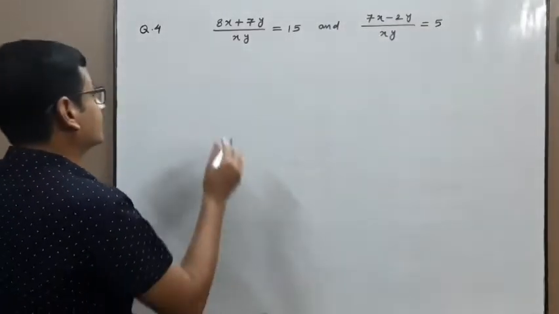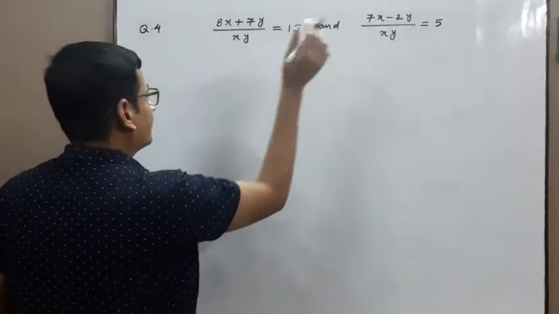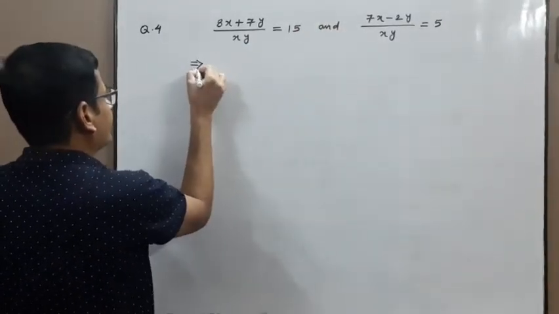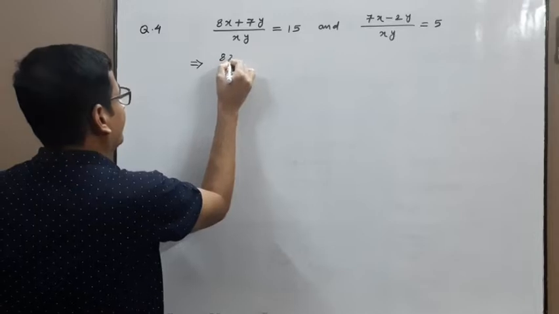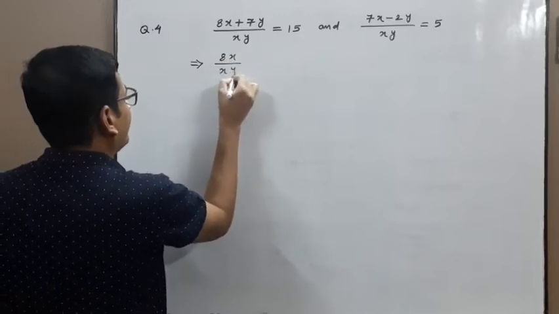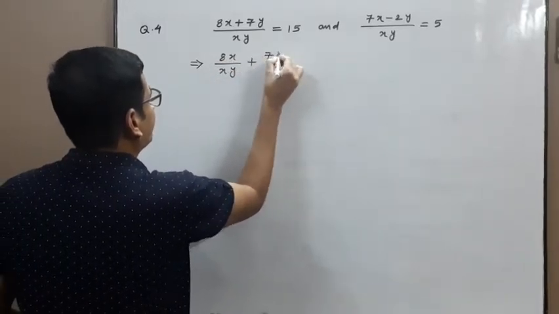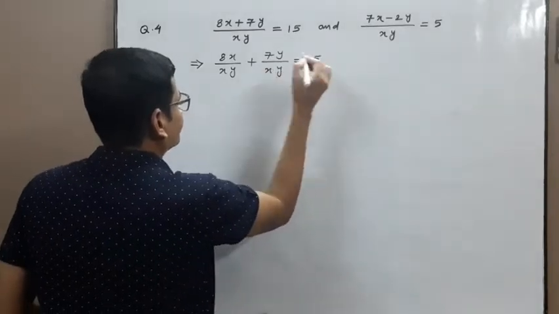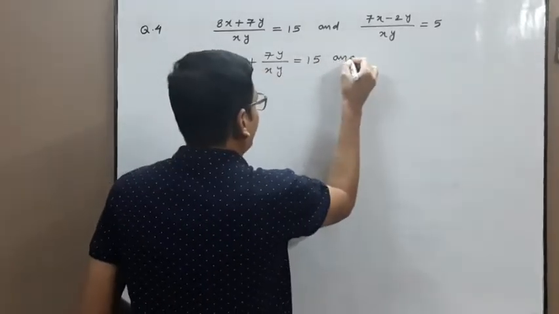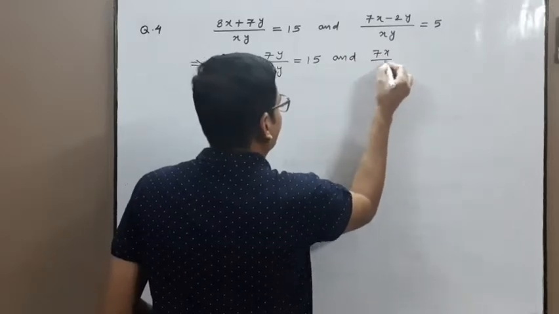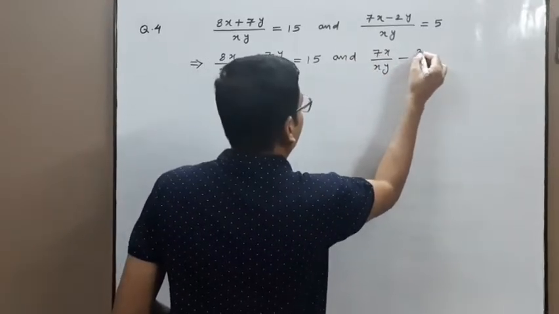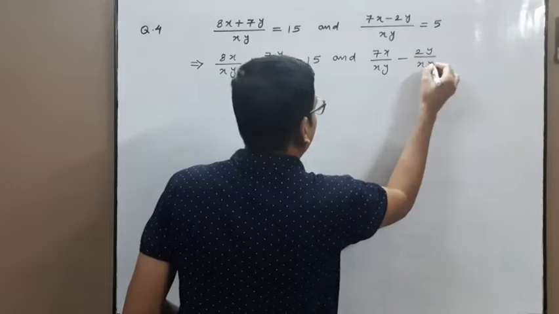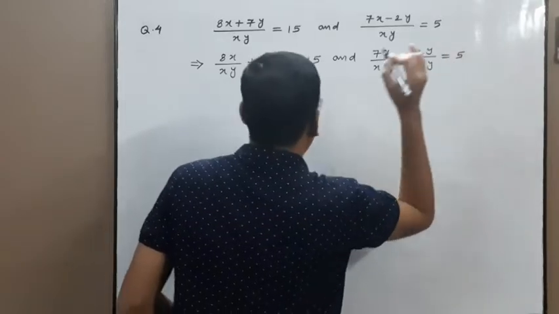Next problem. First step, separate: 8x upon xy plus 7y upon xy is equal to 15, and 7x upon xy minus 2y upon xy is equal to 5.